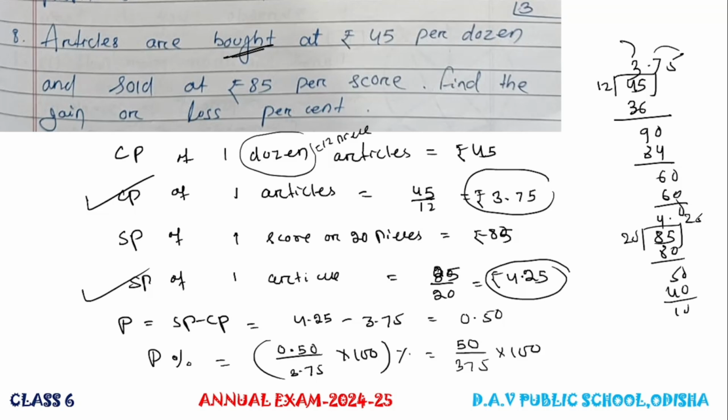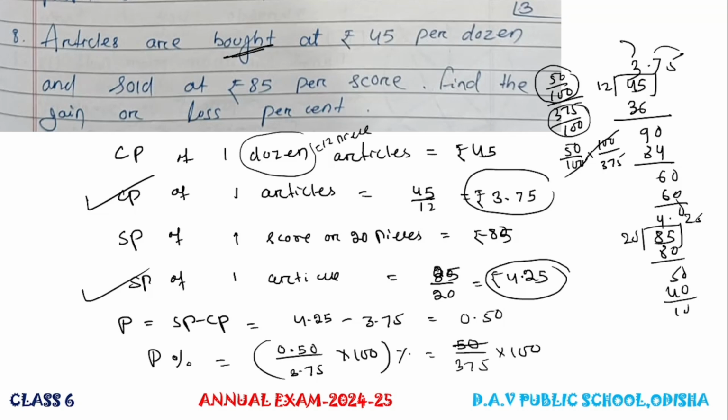Now we know 0.50 we can write as 50 by 100, yes or no? And 3.75 we can write as 375 divided by 100. We know if two fractions are divided, then we multiply by the reciprocal, that is 50 by 100 into 100 by 375. That's why cancel.